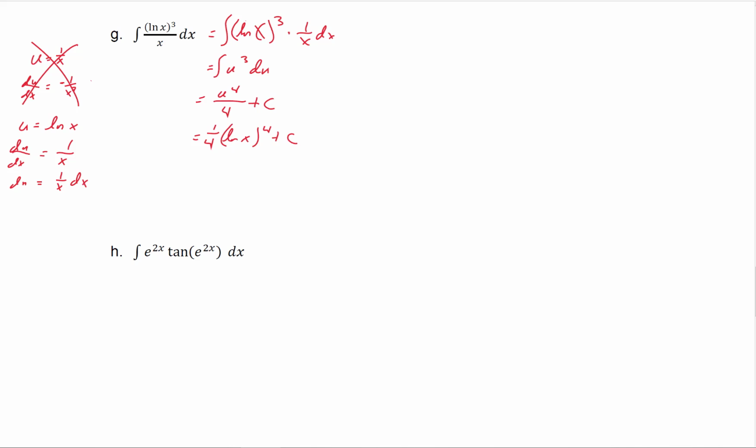And so let's check this one. If we check it, we have 1/4 natural log of x to the 4th power plus c, prime. Then 1/4 times 4 natural log x to the 3rd power, right?